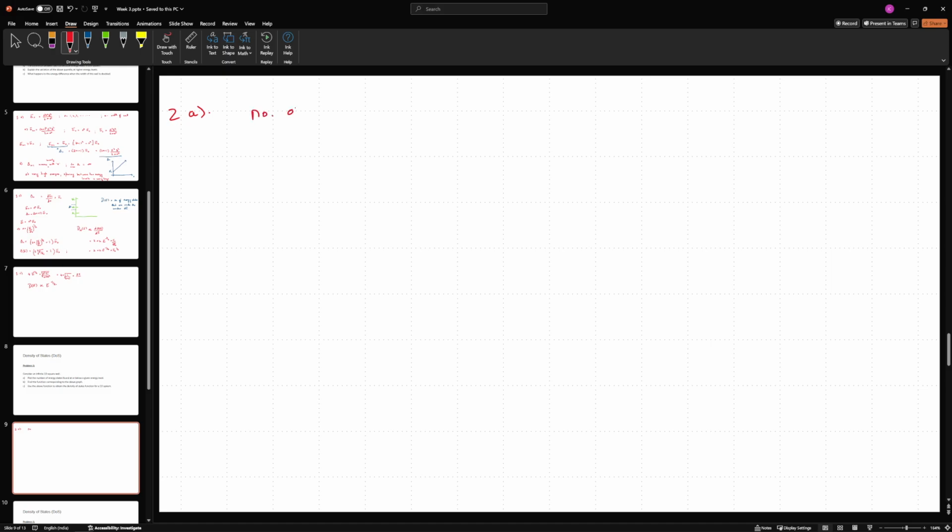Number of energy states at or below E. I know En is equal to n squared E naught. So let me try to tabulate these two values, energy and number of states.